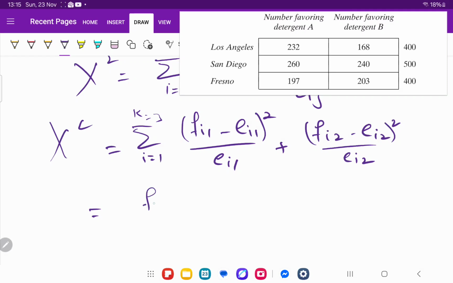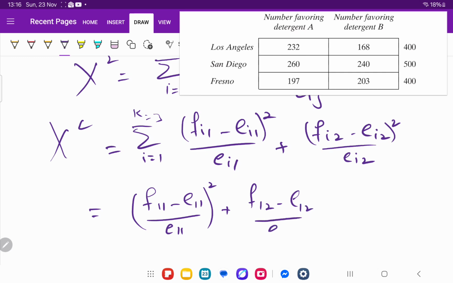We would write F11 minus E11 whole square over E11, plus F12 minus E12 whole square over E12. So first i equal to 1 is applied.